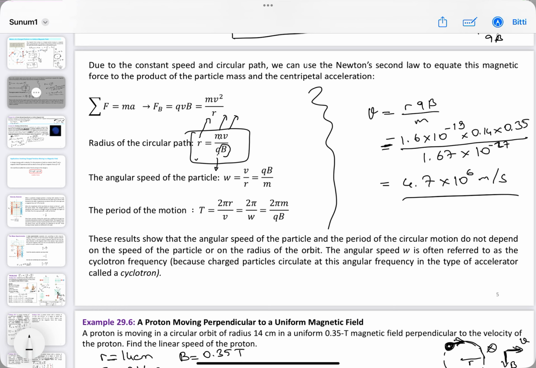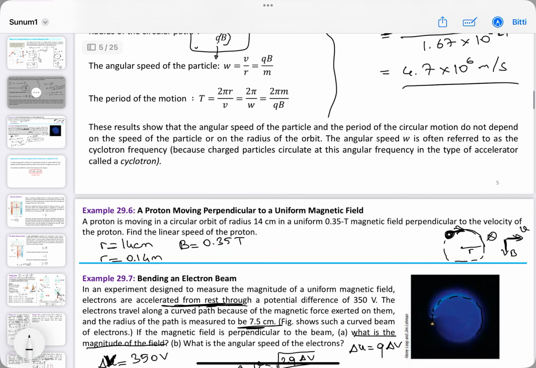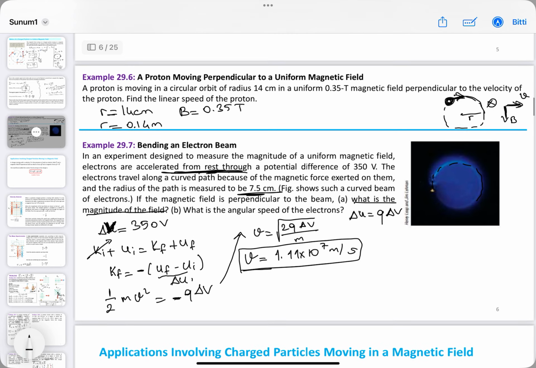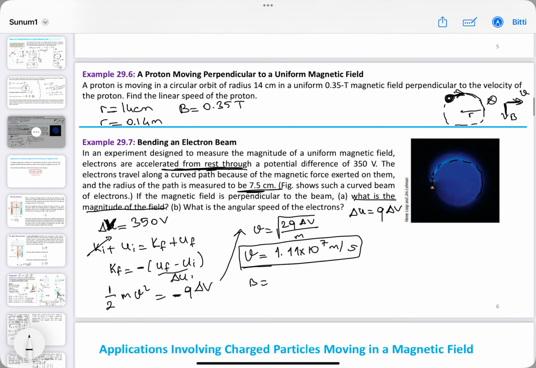Can I take B from there? Yes, you can find it from that formula. And the magnetic field will be mass times v over r q. I just have to put everything inside. When I put everything inside, the result will be Tesla.